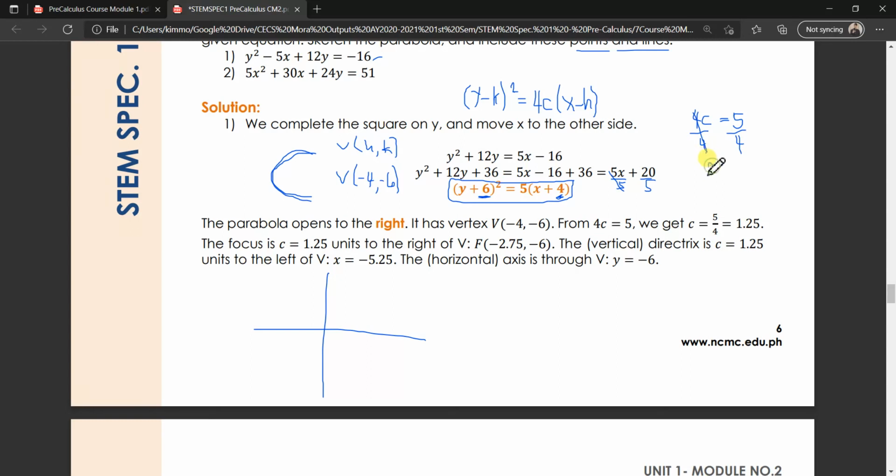So the 4s cancel, and c is equal to 5 over 4, or that is 1.25. I converted it to a decimal so that when plotting on the rectangular coordinates, it is easy to approximate.